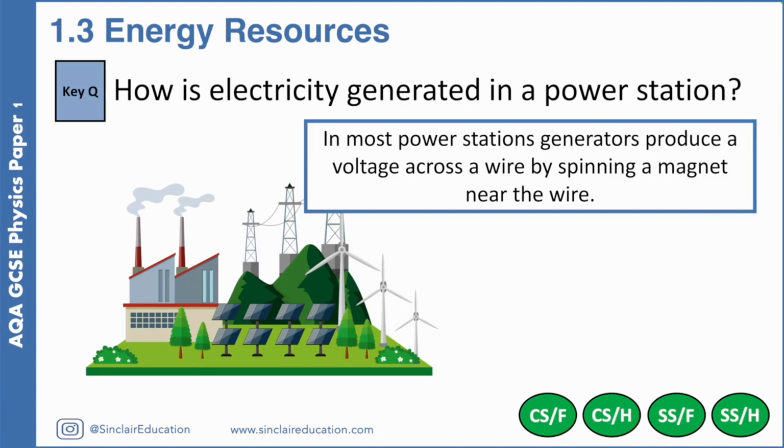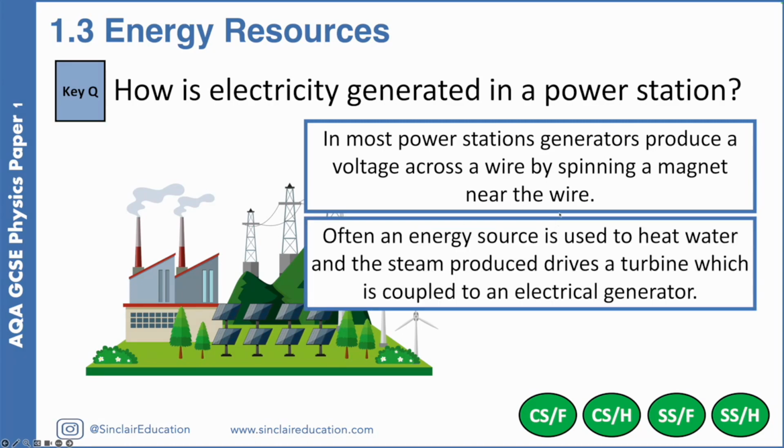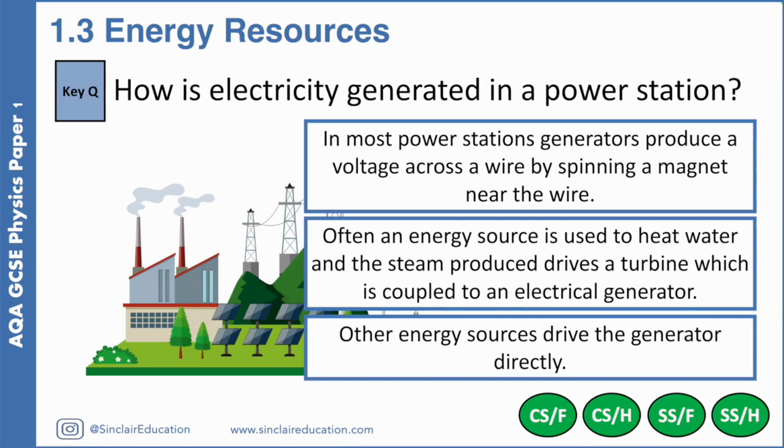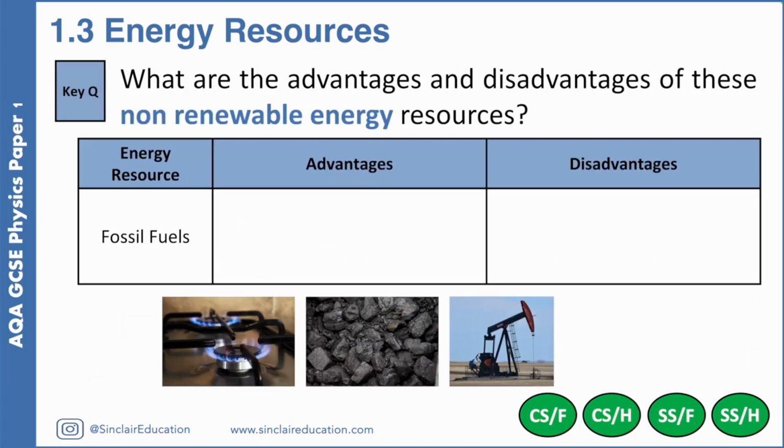But for the most part, most power stations will have something causing a voltage by wire spinning near a magnet. And what we'll generally get is we're going to have turbines turning to generate electricity. But it doesn't necessarily have to be coal fueling this. We can have different kinds of energy turning these turbines to turn the generators to generate electricity. And we'll look at some of these now.